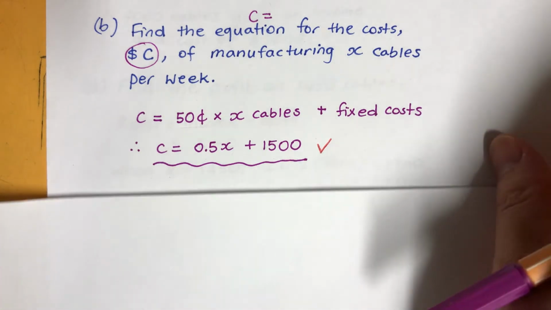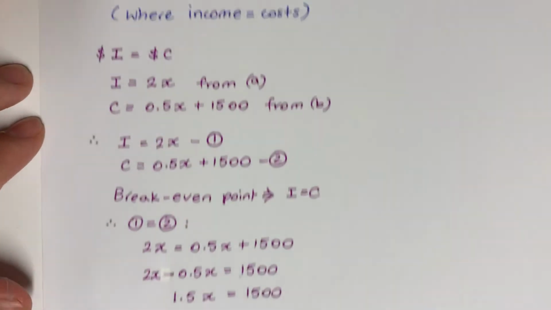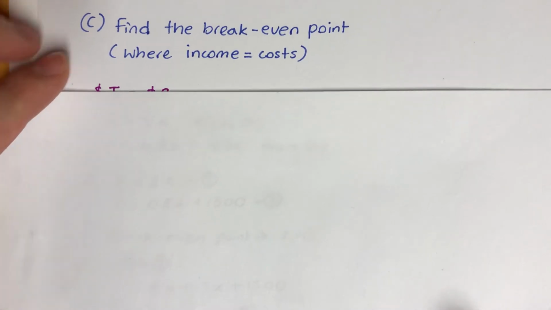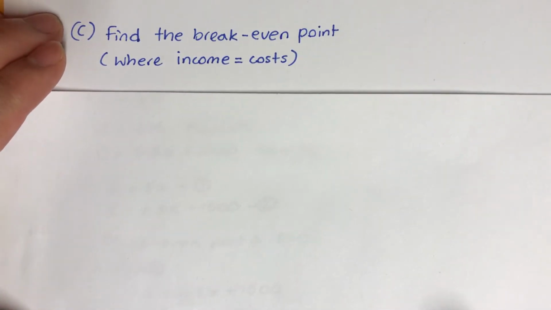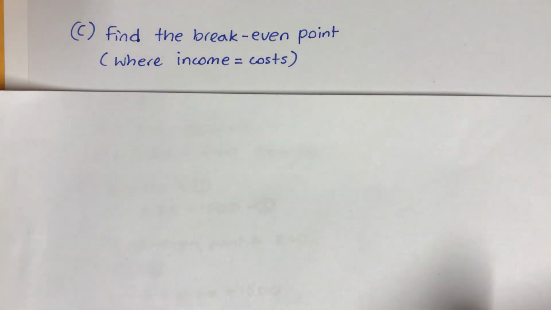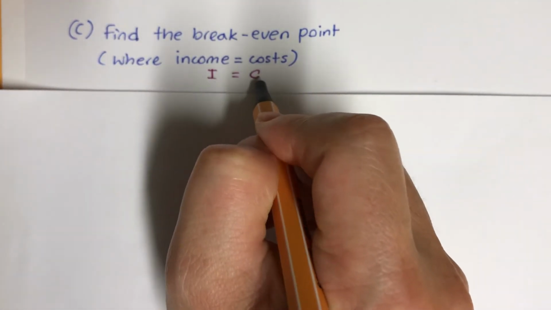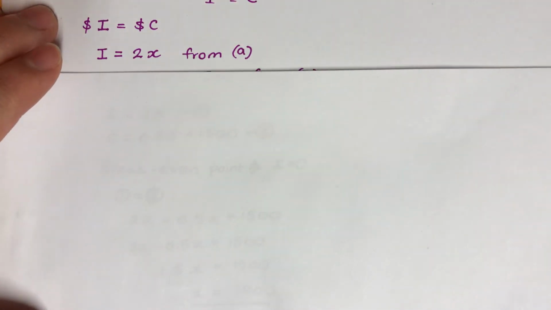And then part C, let's have a look at part C. Part C says find the break-even point, which means the income equals cost, which is I equals C. That's what we have to find. So I've just said that.